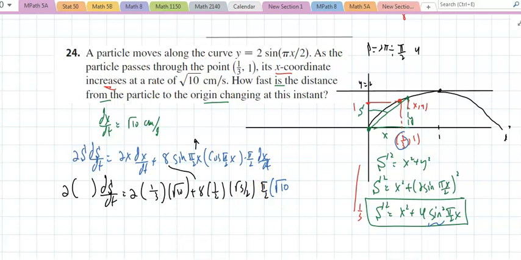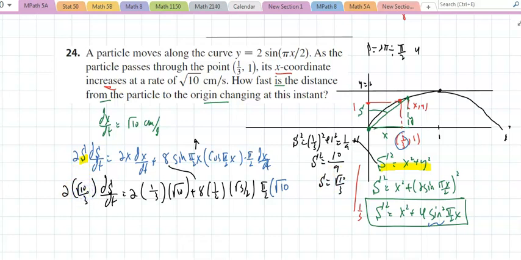Now to figure out what s is, I know that s squared equals 1/3 squared plus 1 squared. That is 1/9 plus 1, all over 9, that's 10/9. So s is actually radical 10 over 3.